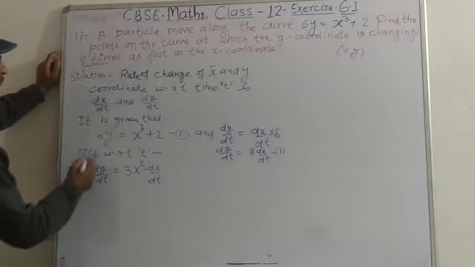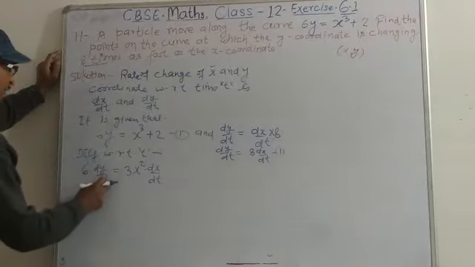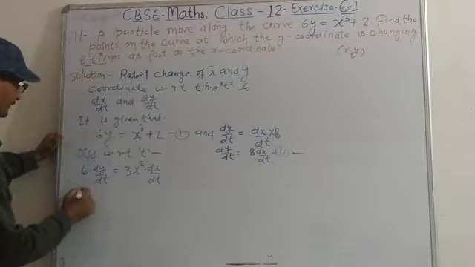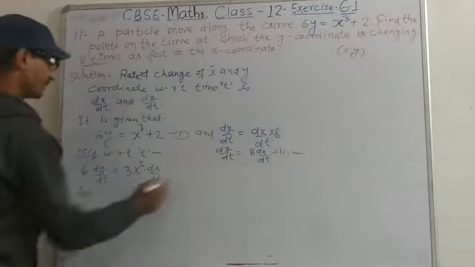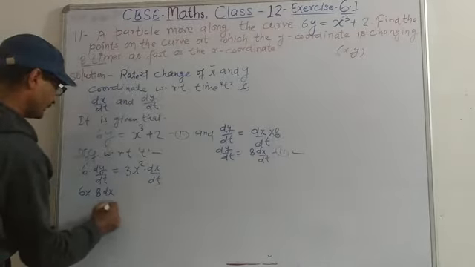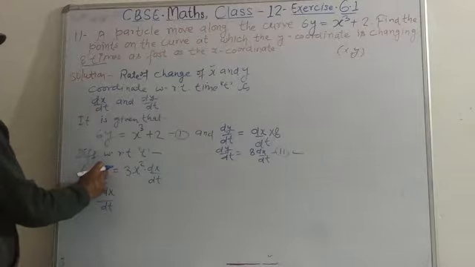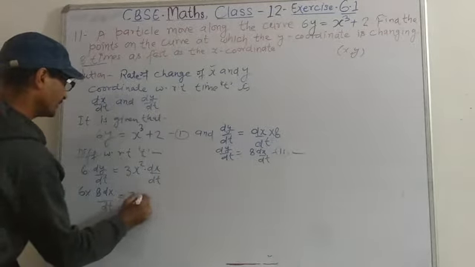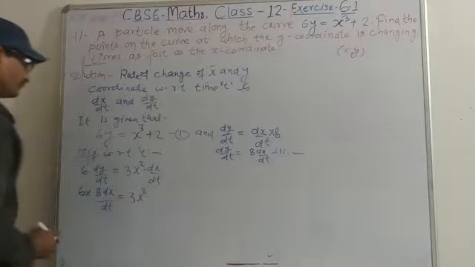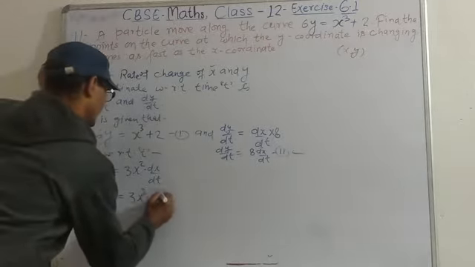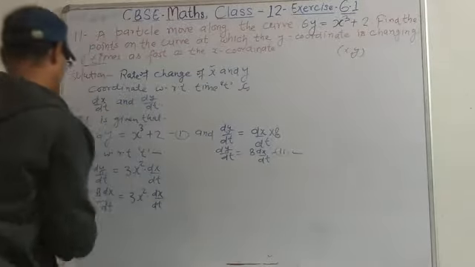Now we put the value of dy/dt as 8 dx/dt from equation 2, equal to 3x² into dx/dt.